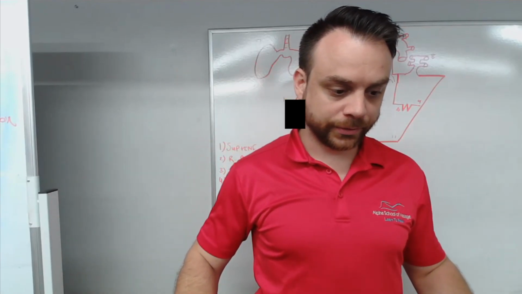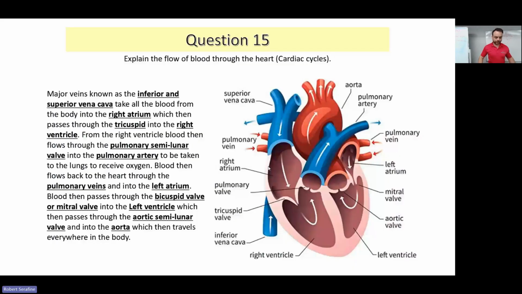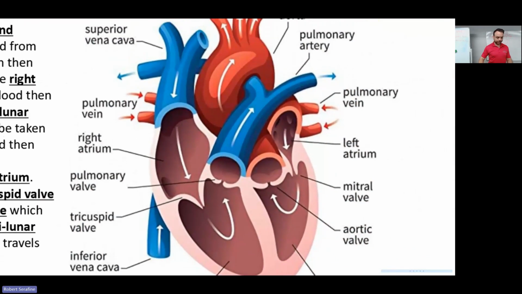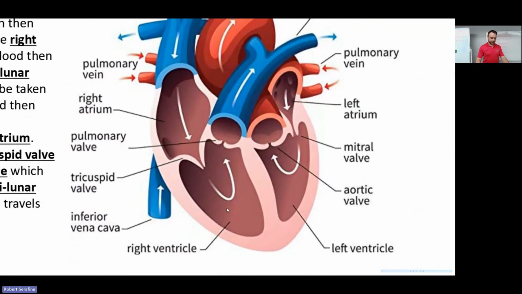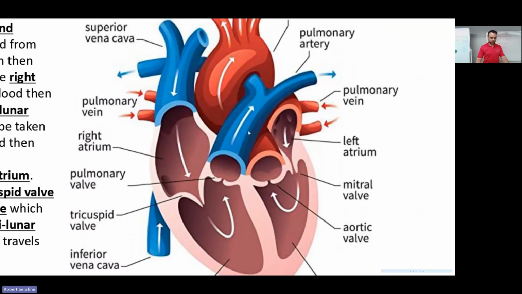So if we actually go back to a bit more natural depiction of the heart, we can see just like that, right? And we have these arrows in this case. Here's our superior and inferior vena cava, taking blood into the right atrium, passing through the tricuspid valve into the right ventricle, passing through the pulmonary artery, which is then taking blood to the lungs.